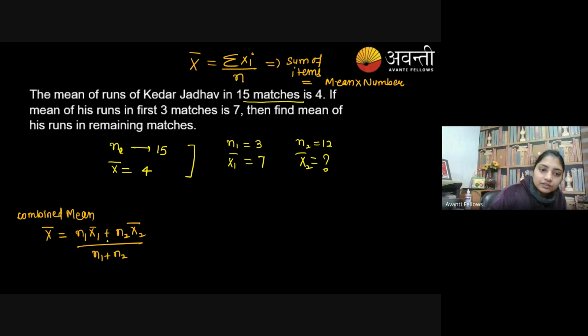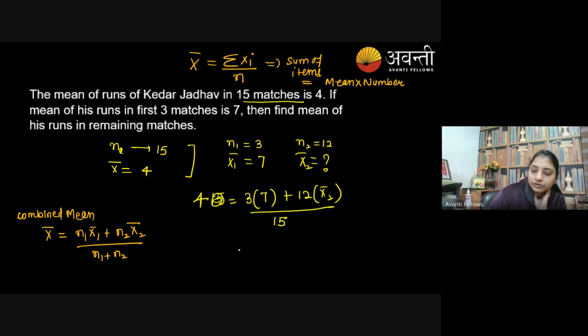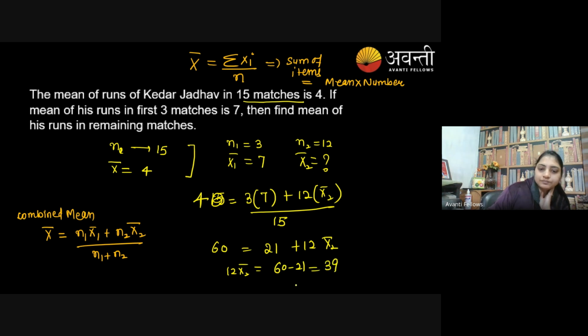So when I implement this formula, the total combined mean is 4, n1 is 3, the first mean is 7, plus n2 is 12, the second mean I need to calculate, divided by 15. So 60 is equal to 21 plus 12 into mean. So 12 into mean is equal to 60 minus 21, that is equal to 39. So the required mean of the rest of the matches will be 39 divided by 12. Is it clear to everyone?